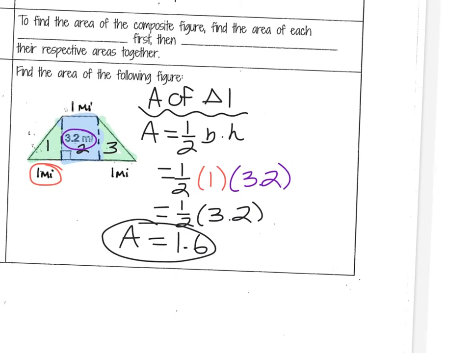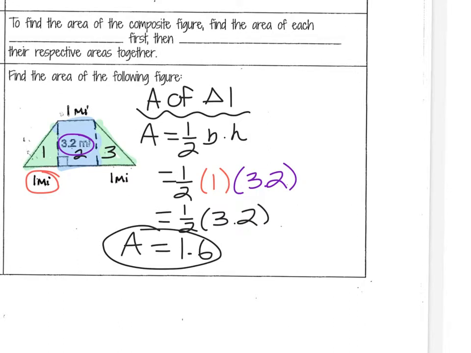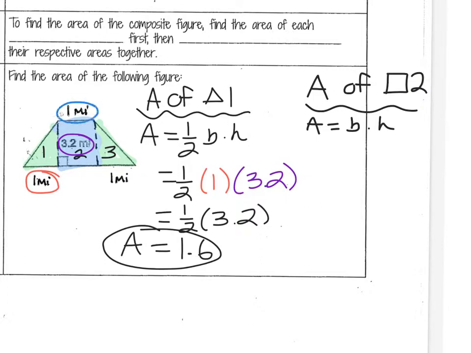All right, I'm going to try to write a tiny bit smaller. I'm going to find the area of the rectangle, number 2. The area of a rectangle is the base times the height. So here's my base.